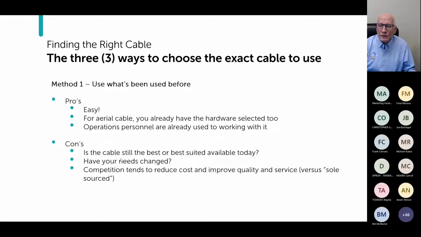Is that cable still really the best suited or optimal for what you're doing today? Have the needs changed? Over my career, I've constantly seen customers come in. They originally bought a 24 fiber cable, and now they want 144 fiber cable, and they want everything to be the same.